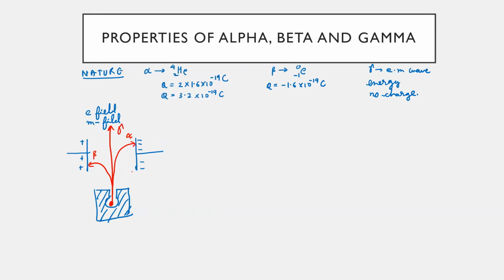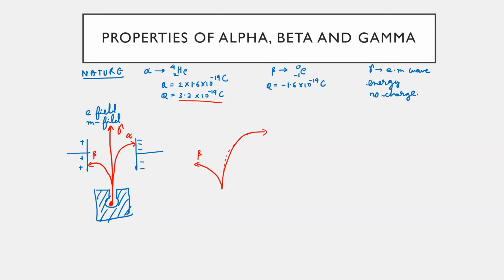In this diagram, you have to note that the beta particle is negative, and that's why it goes toward the positive plate. The alpha particle is positive, therefore it goes toward the negative plate. However, I have drawn the beta particle deflecting much more than the alpha particle. The alpha particle goes ahead and deflects, whereas beta immediately deflects. The reason for this is that beta has negligible mass.